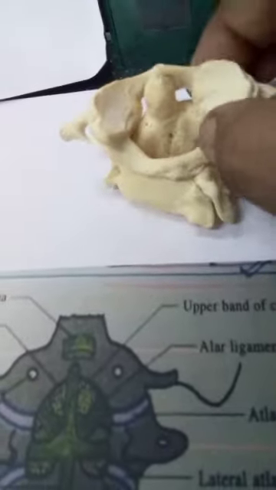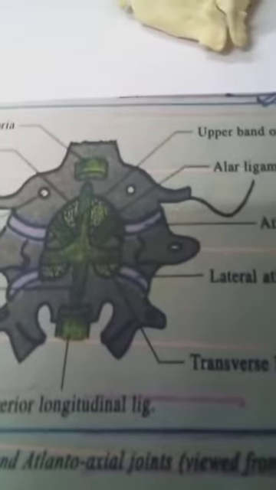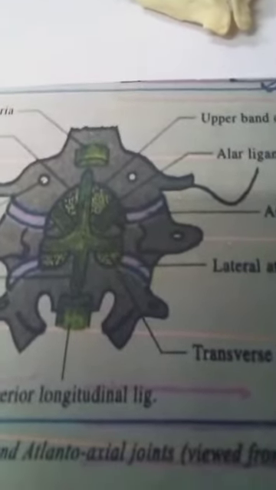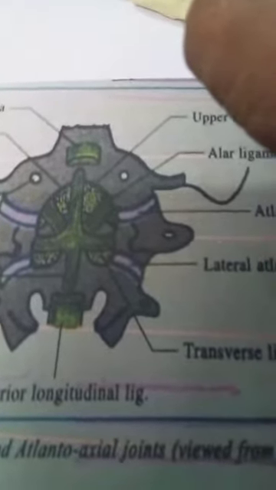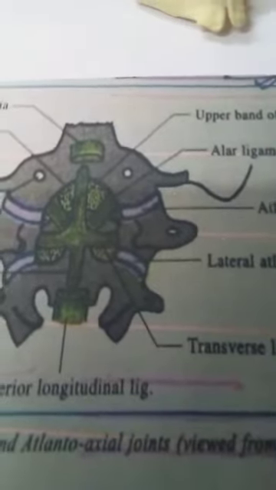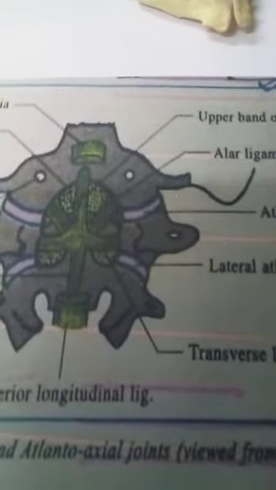Now, we will talk about the lateral atlantoaxial joint, which is formed by the inferior articular facet of the lateral mass of the atlas joining with the superior articular facet of the axis.